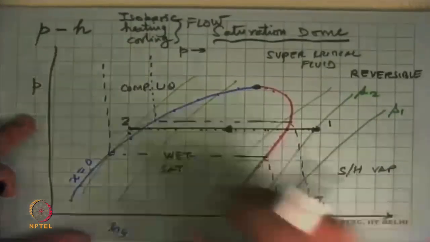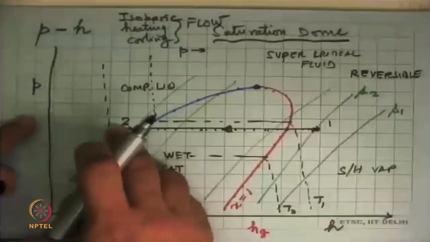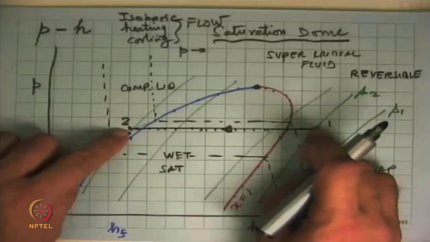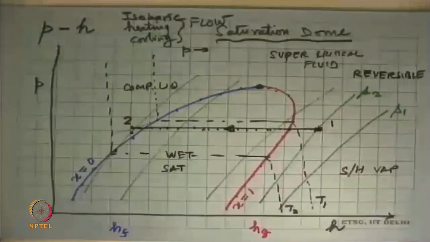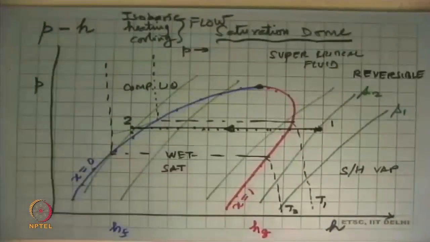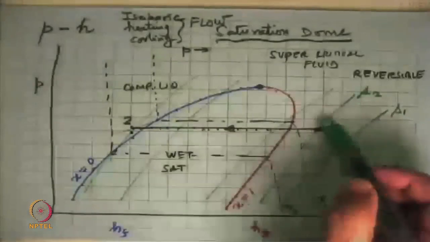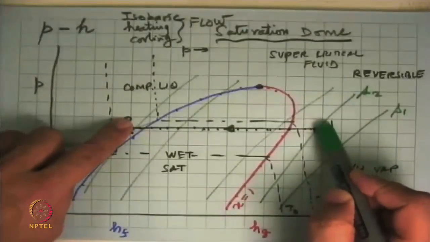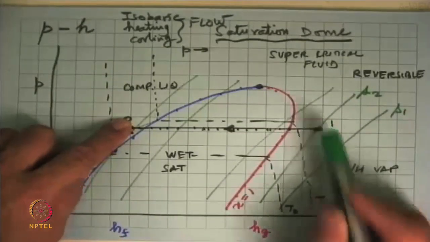And the nice thing about this diagram is that if we are able to get these two states plotted on this diagram, then we can say, well, what is the enthalpy change in this process? Well, if you do the mass conservation and first law analysis, you'll get a relation that heat transfer rate is the mass flow rate multiplied by the enthalpy difference between the inlet and the exit states.